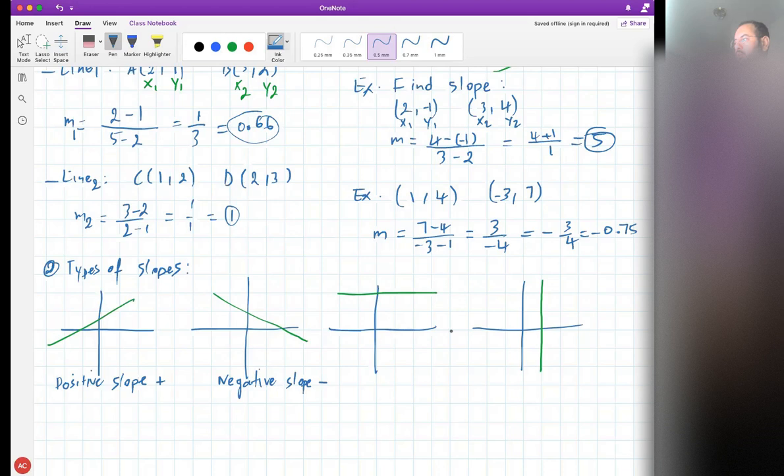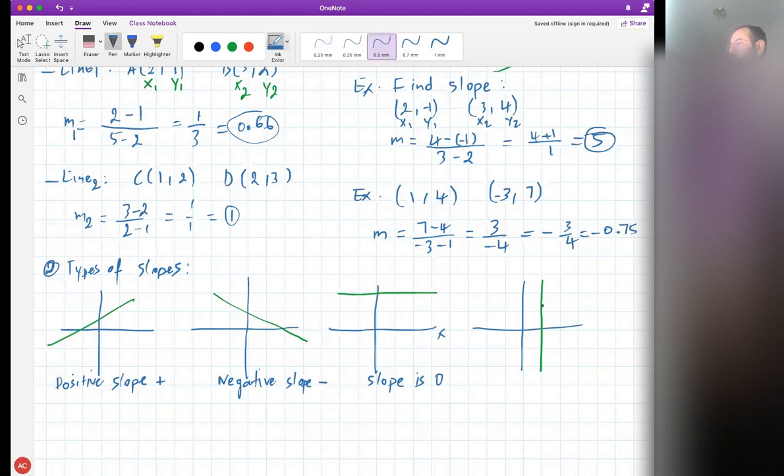Basically, it's flat, parallel with the x-axis. In this case, the slope is 0. Whenever you see a flat or horizontal line, know that the slope is 0. You can easily check by taking a couple of points, getting the coordinates, plugging them in, and you'll see it will be 0.